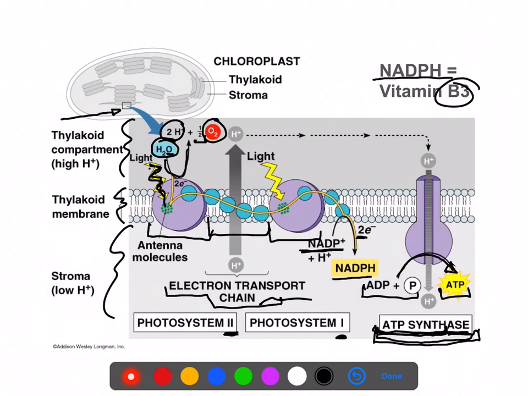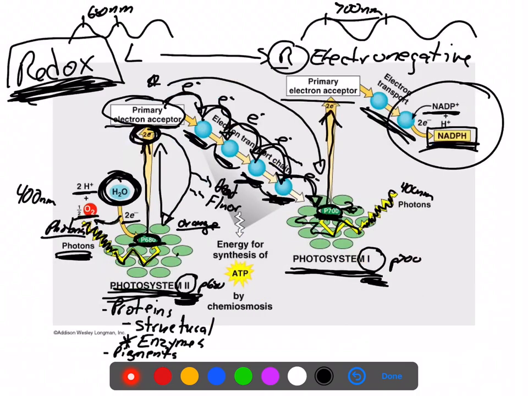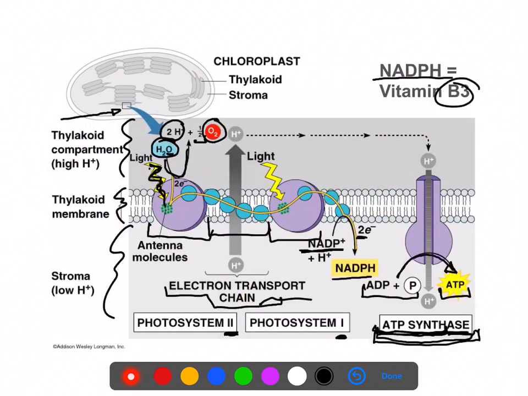All right, so light comes in, excites the electrons in photosystem 2. Those electrons that become excited get picked up by a primary electron acceptor. You could see that in the previous slide. Let's go back and look at it. It's right there, right?